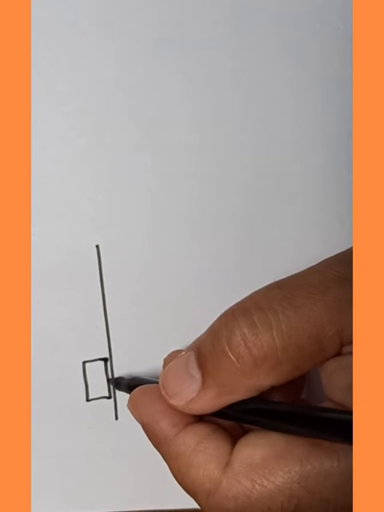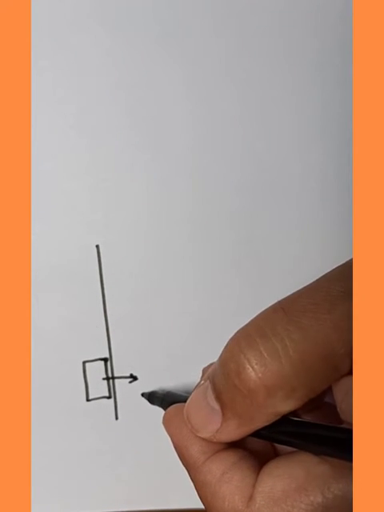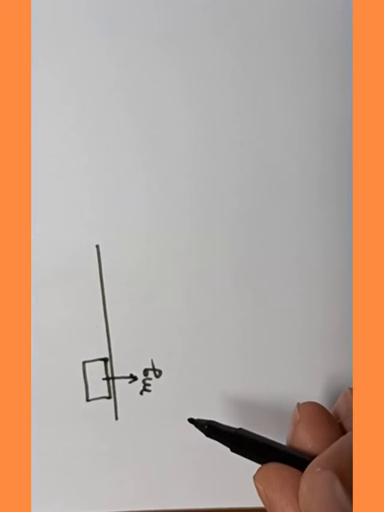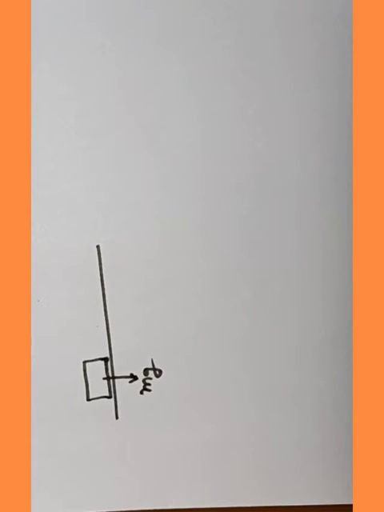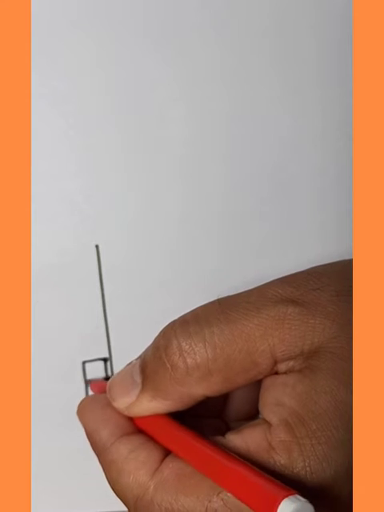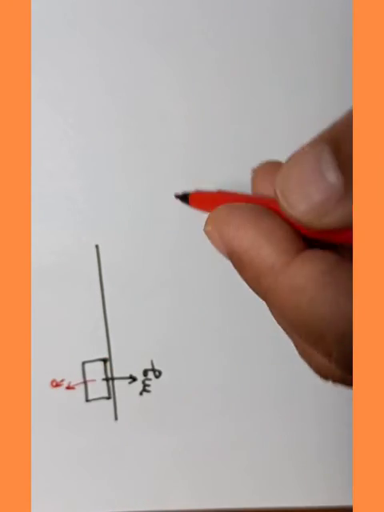Then the weight of the object is acting downward. Then its reaction will be acting upward and written as R.